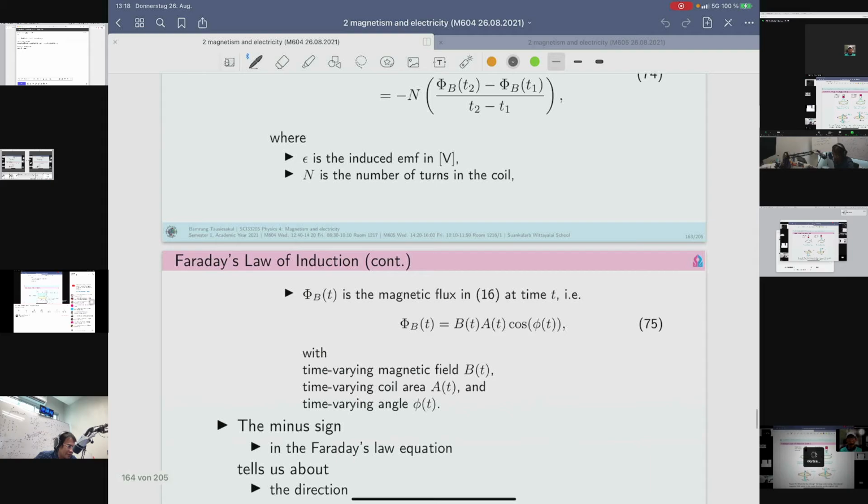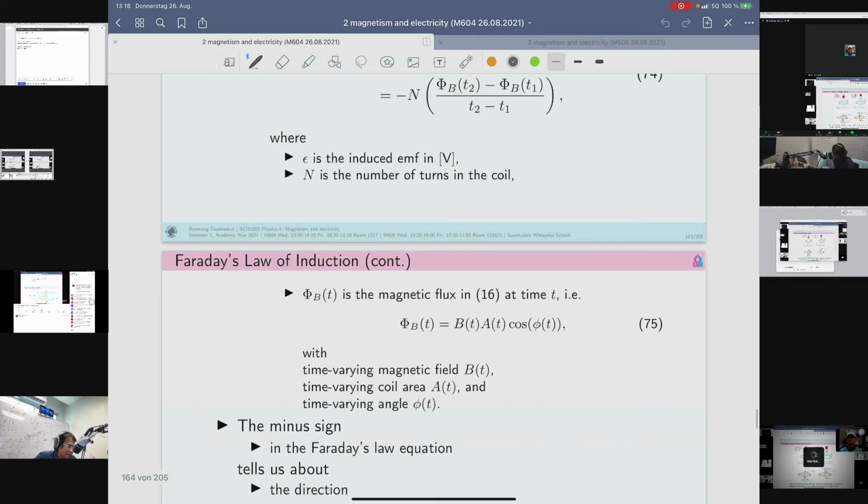So we're going to have the absolute value of epsilon equal to the absolute value of minus N delta phi divided by delta t.